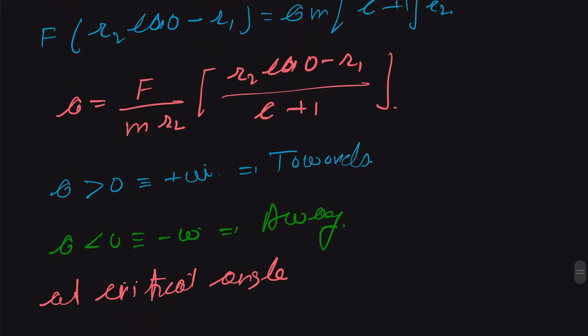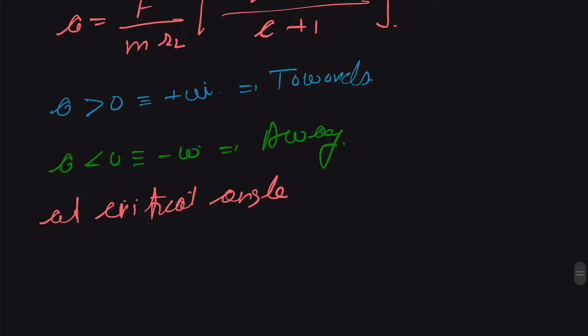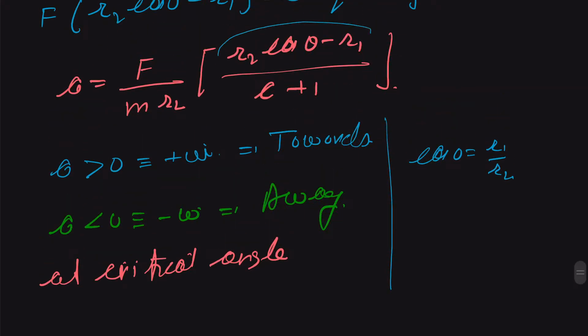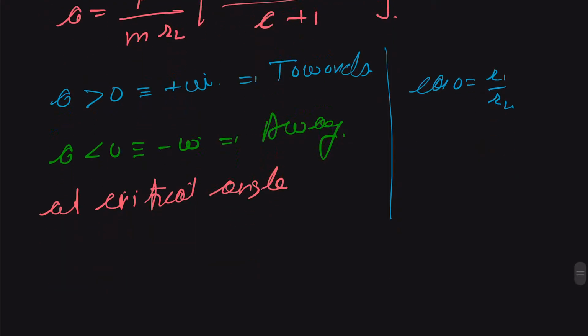At the critical angle, we know that cos of theta is equal to R1 upon R2. So R2 is going to cancel out. If we substitute this in the equation, we get R2 multiplied by R1 by R2 minus R1. Here R2 cancels out, R1 also, and this comes as 0.